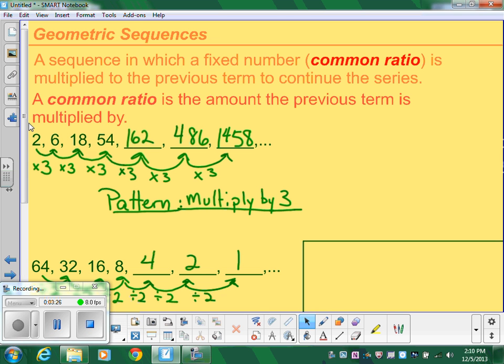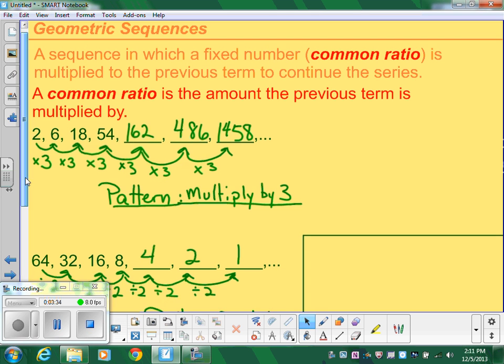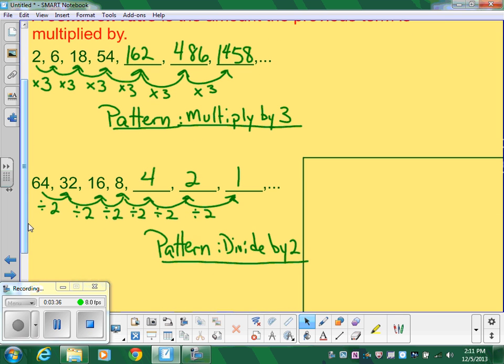Now the common ratio is the amount the previous term is multiplied by. This presents a problem for us, since in our second sequence, we don't talk about multiplication, we instead talk about division.